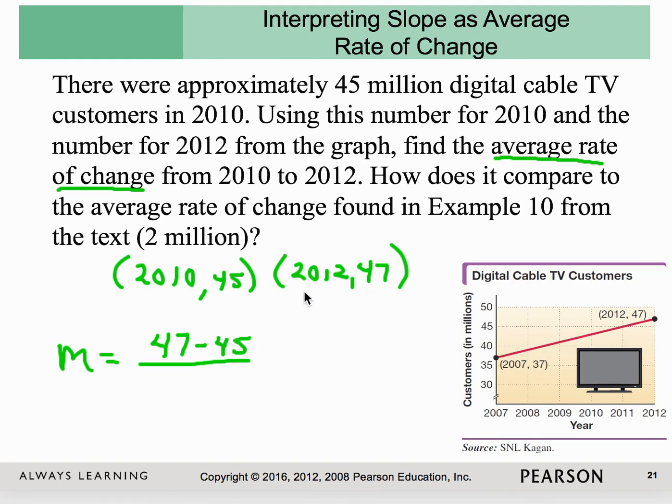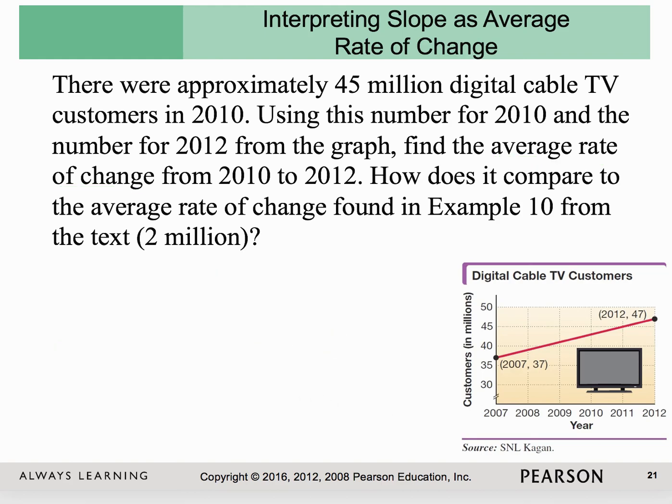Because I started over here, I got to start over here with this one. 2012 minus 2010 equals 2 over 2, 1. Okay, so anytime something's asking you to find the average rate of change, it just means find the slope. Okay, then you could compare it to the slope of whatever other problem it wants you to do. Okay, good luck.